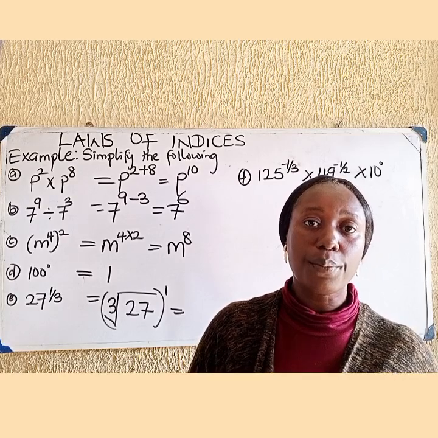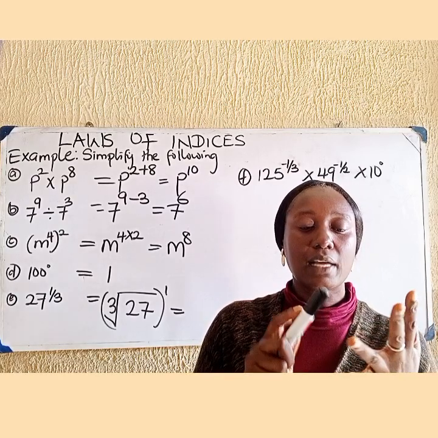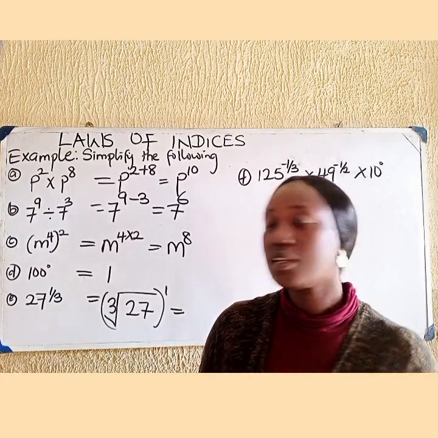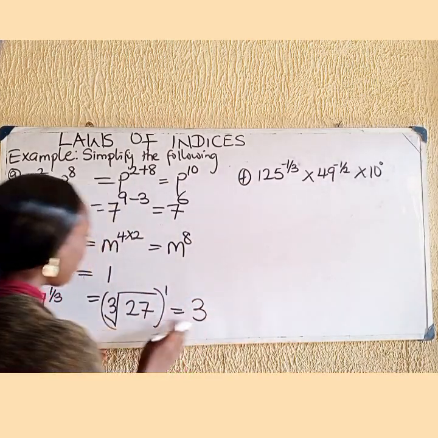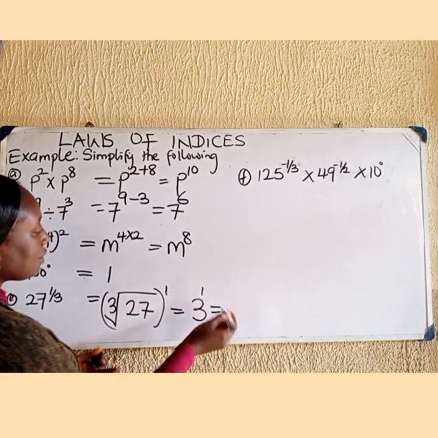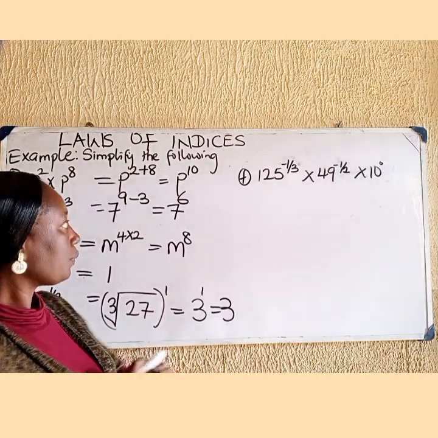And what is that number? The number is 3. We multiply 3 times 3, which is 9, times 3, which is 27. So that single number is 3. So I have 3 raised to power 1. And 3 raised to power 1 is 3. I believe it's clear.